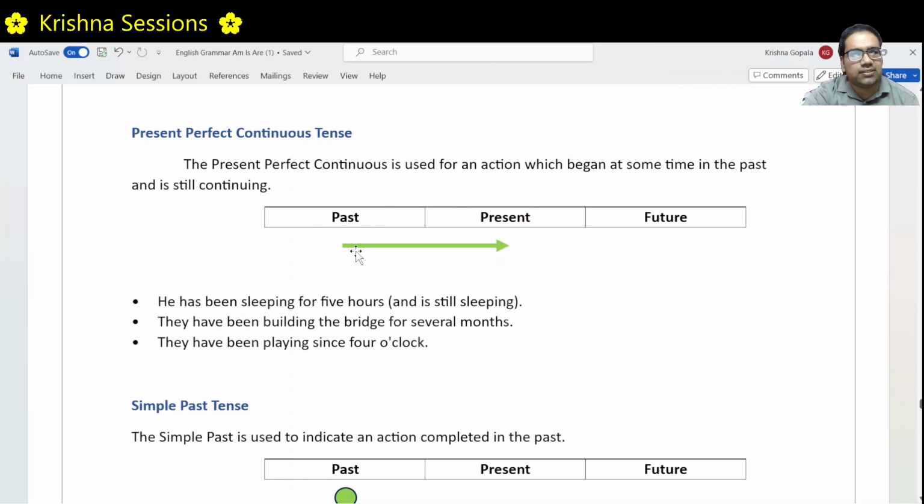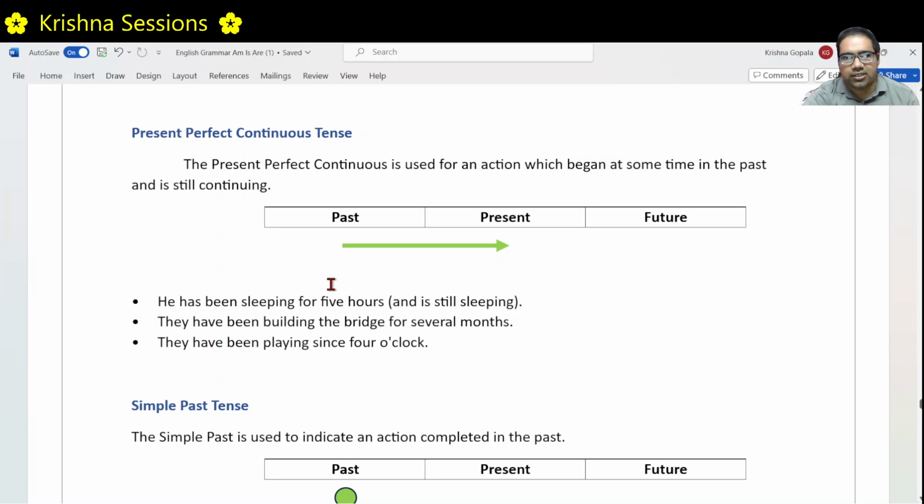Whereas present perfect tense is an action that has happened in the past and there is a result right now. And sometimes we will get a little confused whether to use simple past or present perfect or present perfect continuous tense. You will get little doubts. So all these doubts we will clarify in our future lectures when we get some basic understanding about these tenses.